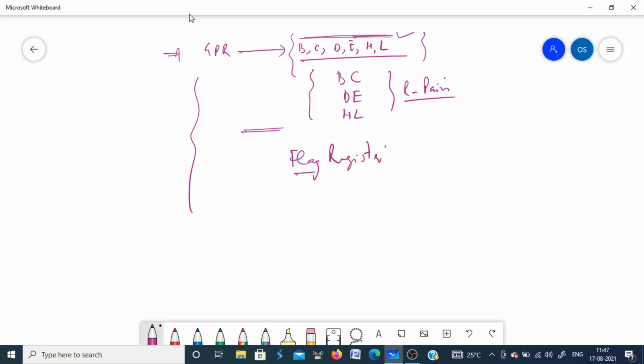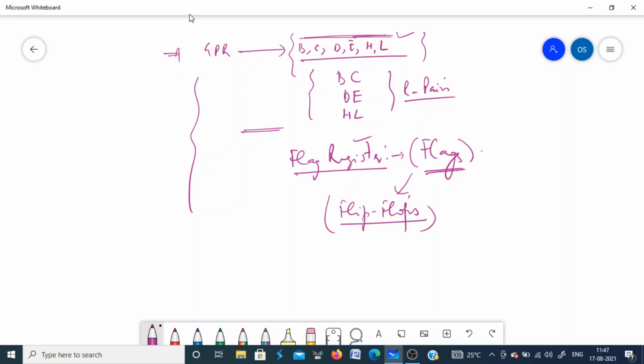Then there comes one more important register called the flag register, which we have mentioned in the programming model. We call it simply flags. In fact it is not a register. Flags are basically flip-flops. There are 5 flip-flops or 5 flags in 8085.